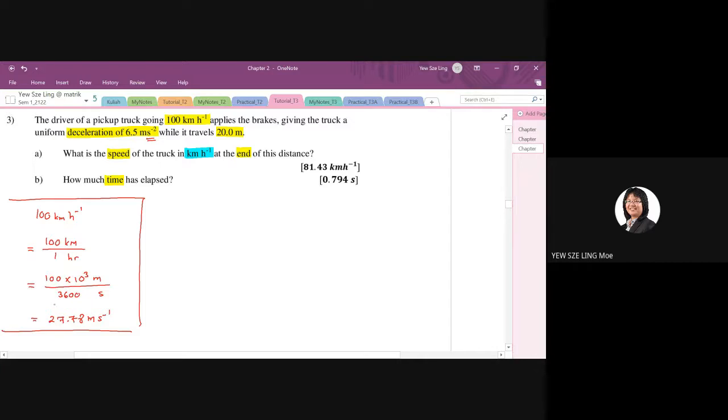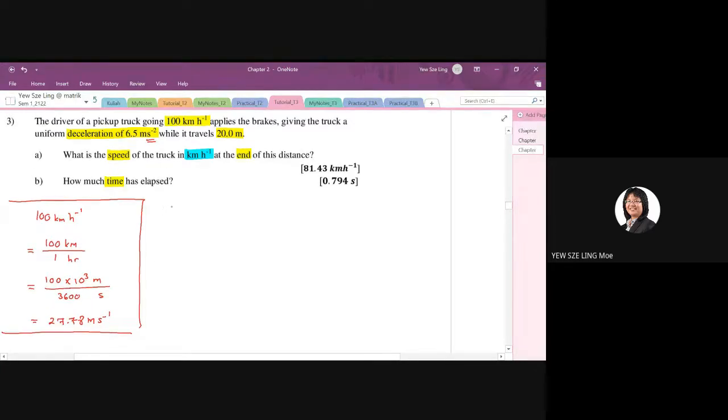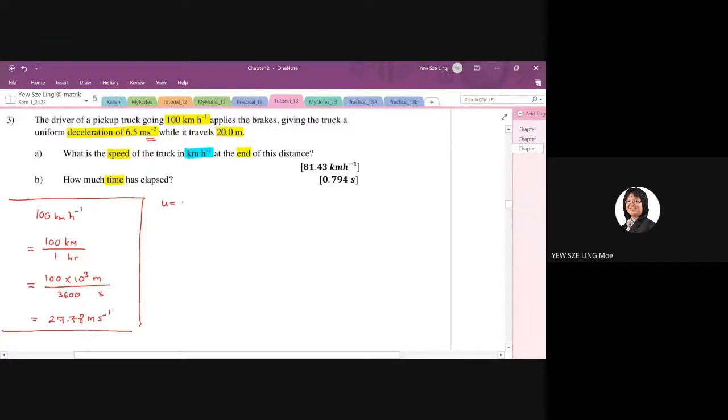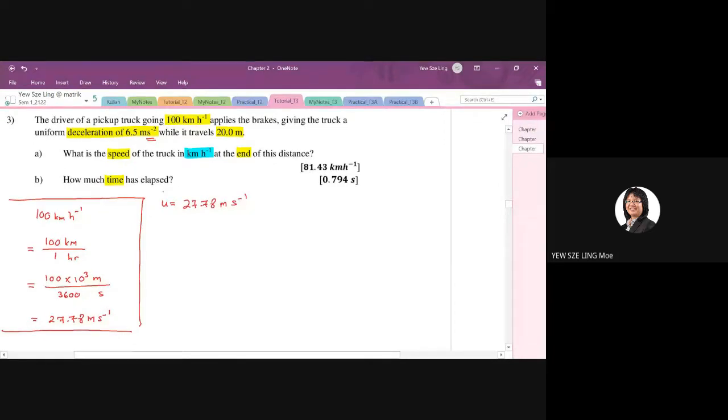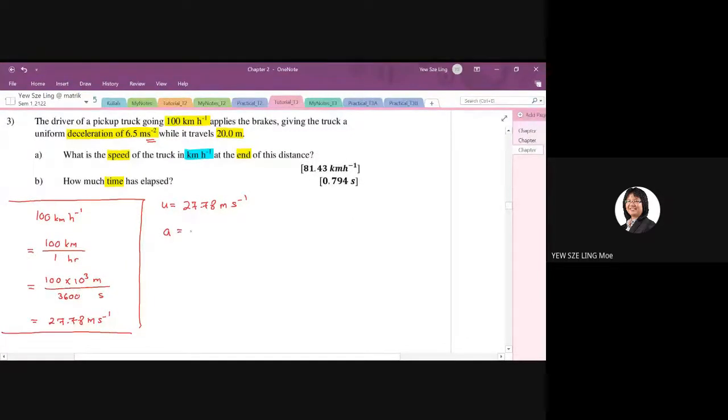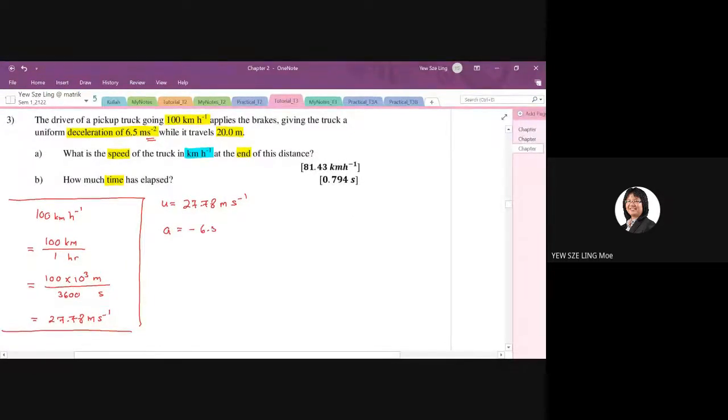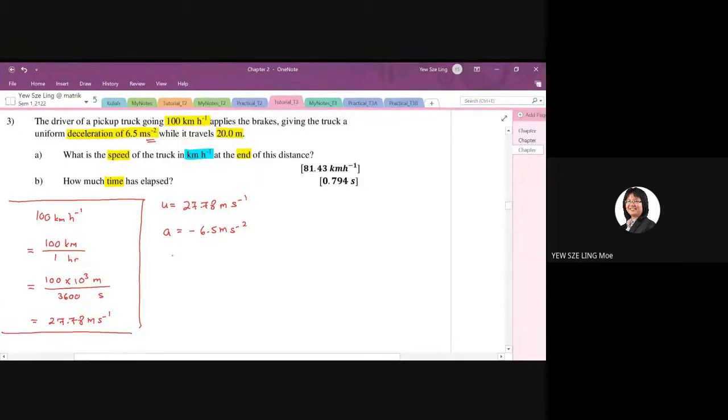Okay, so now I have 27.78 meter per second, and this is the value for our initial velocity. So U equals to 27.78 meter per second. And then I have a deceleration, so negative 6.5 m s negative 2, and the distance given is s equals to 20 meter.